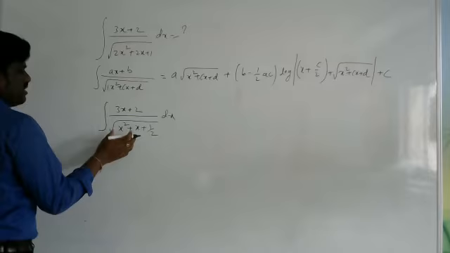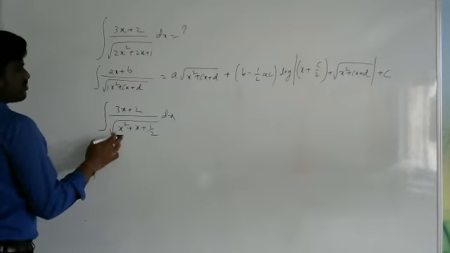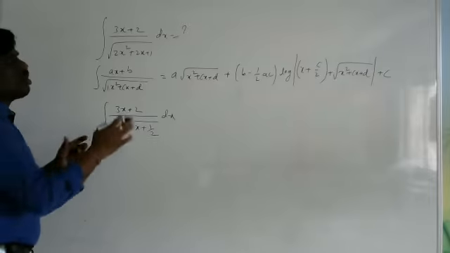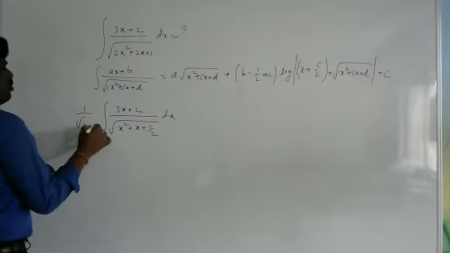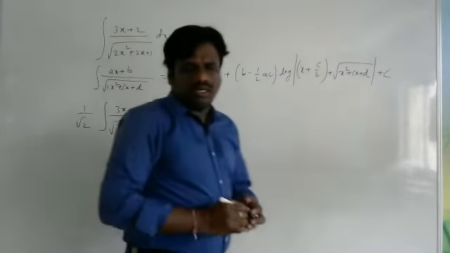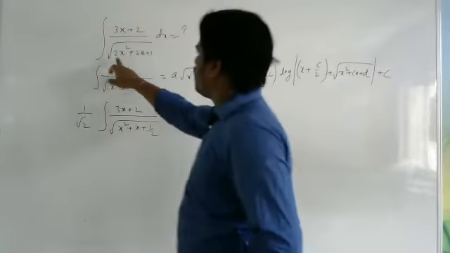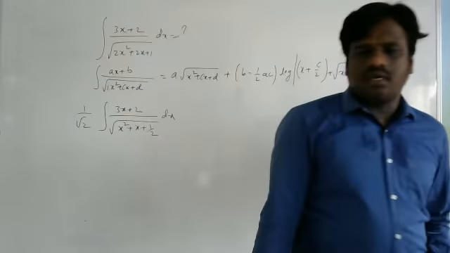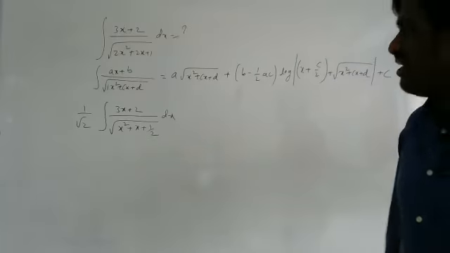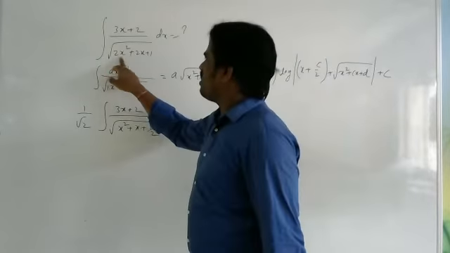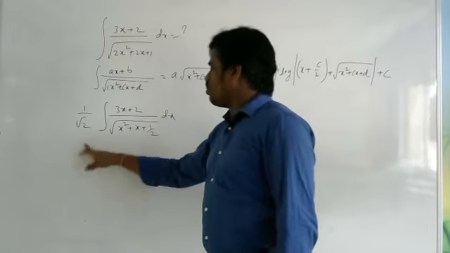I am going to take 2 common from this square root, so the root comes out as 1 by root 2. I am taking 2 common in the bracket in the denominator because the coefficient must be 1. The 2 comes out as 1 by root 2.